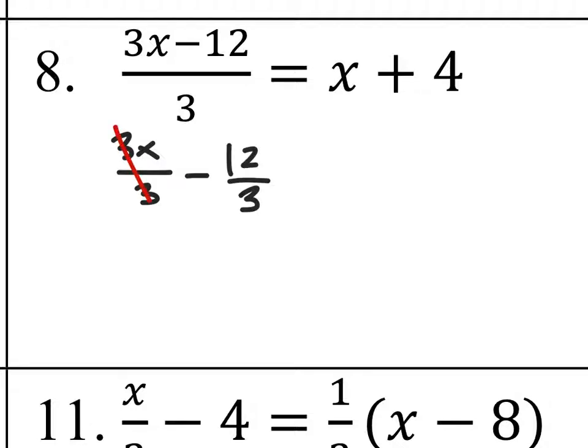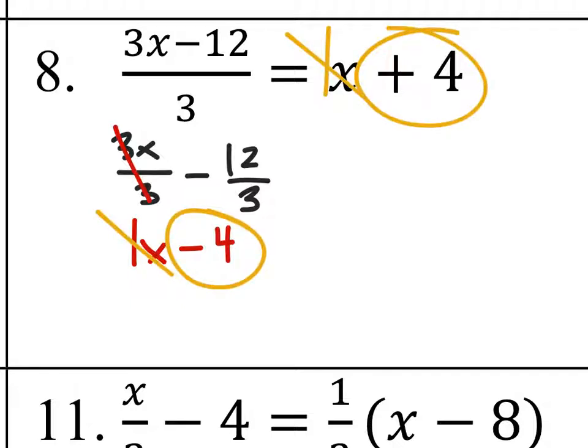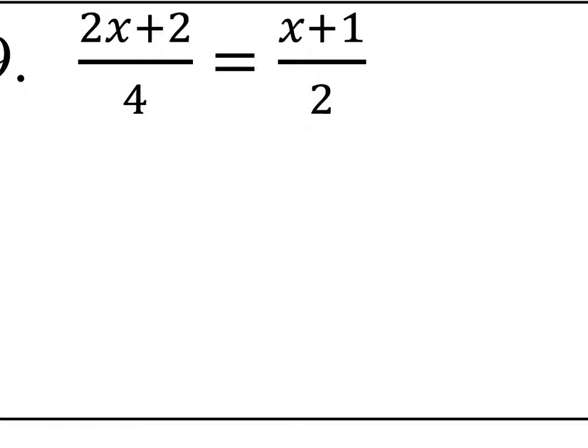And if we simplify these, we get 1x minus 4. Now the 1x and 1x would cancel out. The problem is I got -4 equals 4, which is false, none. Wait. Oh, because it's -12.